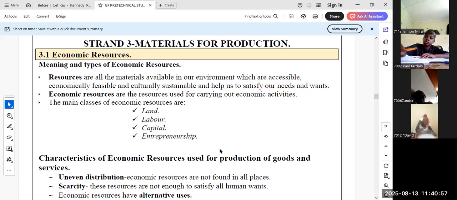Now, boys and girls, we have characteristics of economic resources used for production of goods and services. In general, these economic resources, be it land, labor, capital, or entrepreneurship, all of them have general characteristics, and that is what we are going to look at in a few.